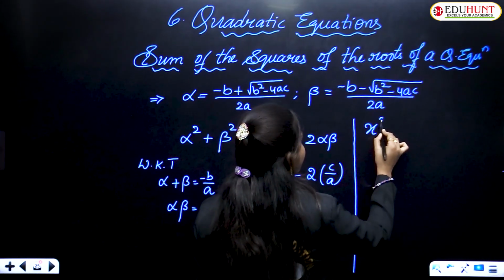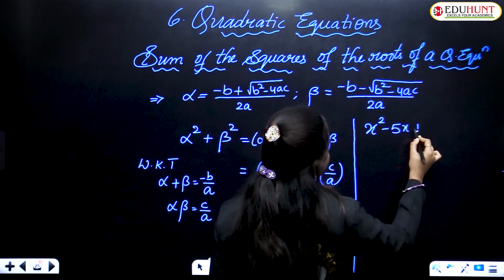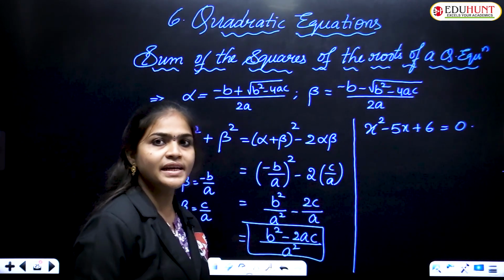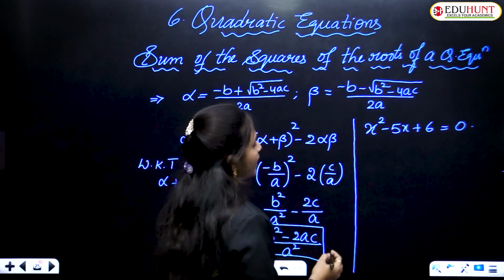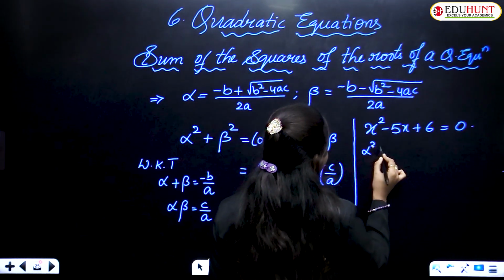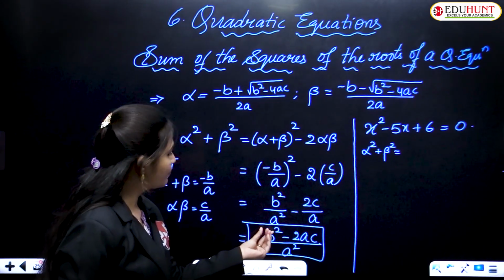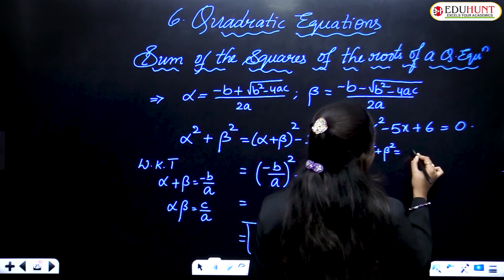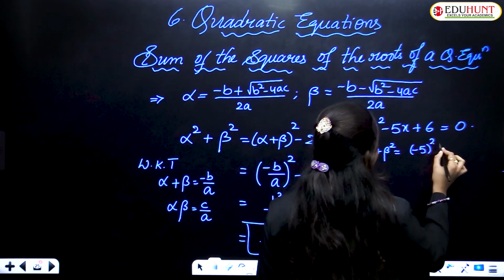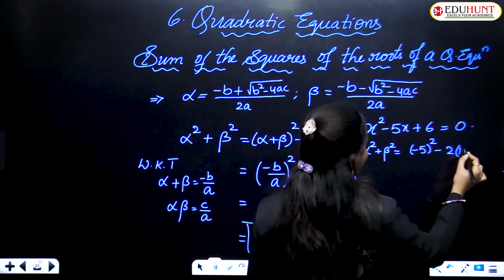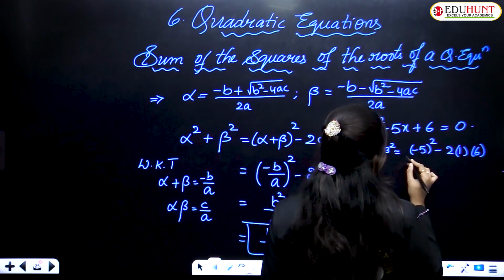Example: x square minus 5x plus 6 is equal to 0. Here we need to find alpha square plus beta square. What is the formula? B square minus 2ac by a square, where b is minus 5, a is equal to 1 and c is equal to 6.